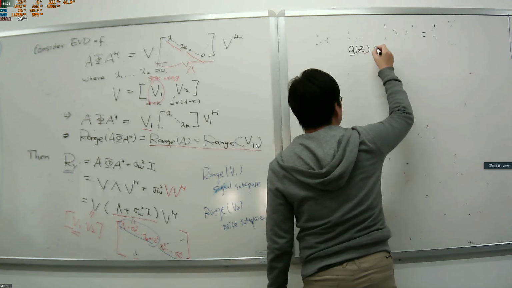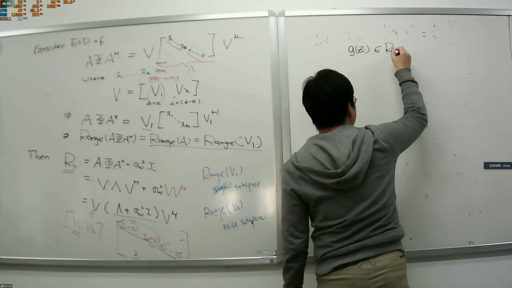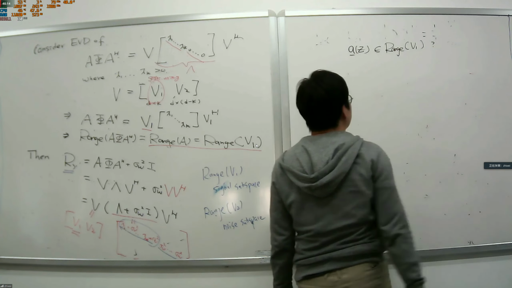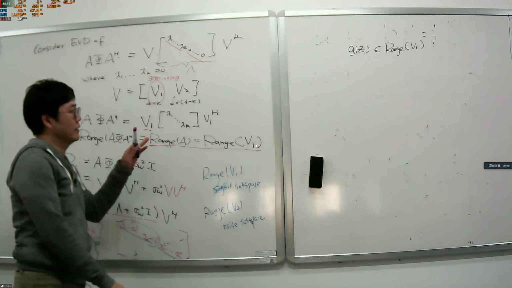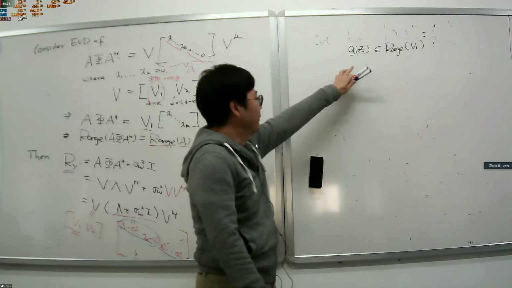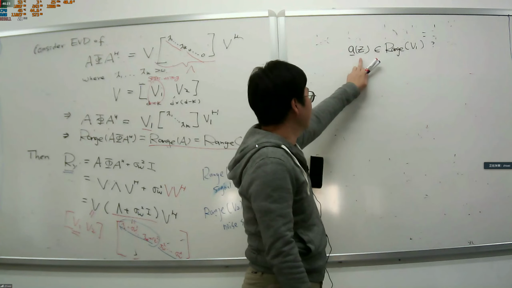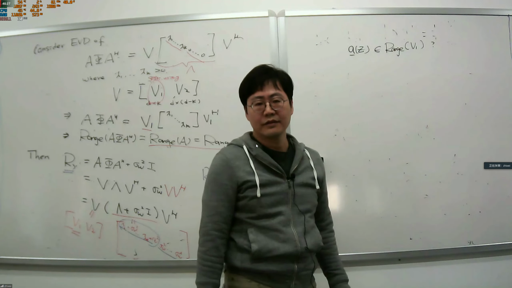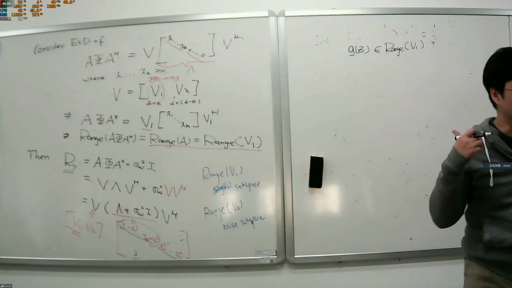We check whether AZ belongs to the range space of V1, and because the range space of V1 equals the range space of A, if AZ for this particular Z belongs to the range space of V1, then that Z is one of the Z1. We have proved that.